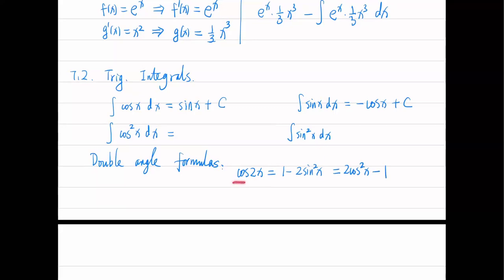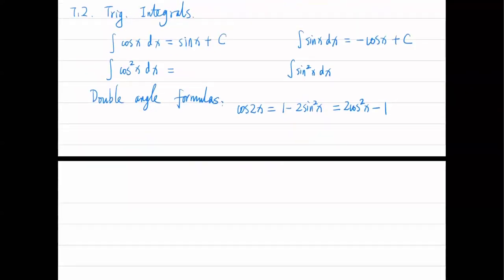Okay, so I will combine these two. It will give me an expression for cosine square. Let's isolate the cosine square from this equation. Okay, so cosine square x equals 1/2 of something.